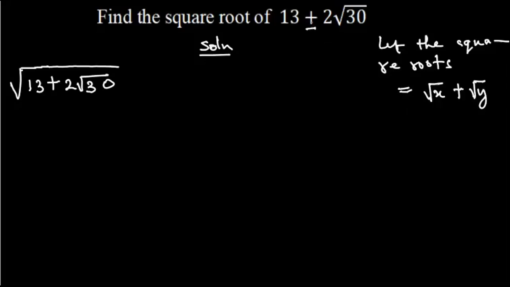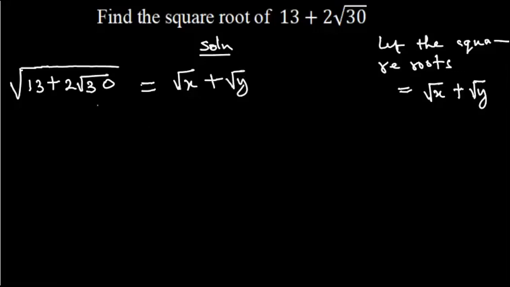Had it been a negative sign here, it would have been the square root of x minus the square root of y. But in this case, we are dealing with just a positive sign instead. So we have it equal to the square root of x plus the square root of y.